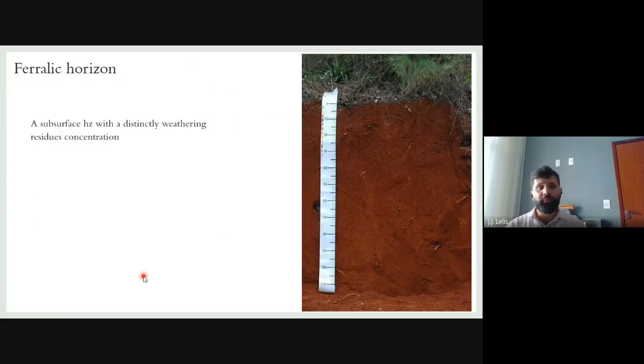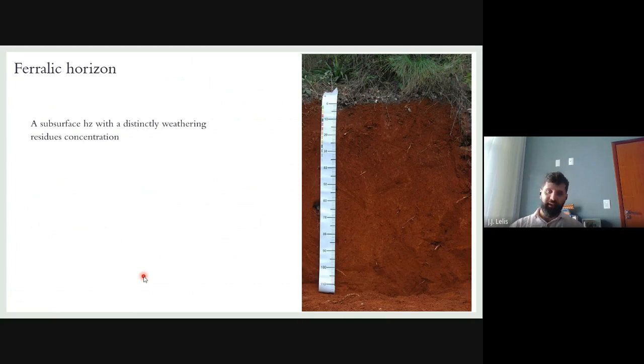We also have to talk about the ferralic horizon. The ferralic horizon is also a subsurface horizon, and its main property is a distinctive weathering, and so we can see the concentration of the products of intense and deep weathering.